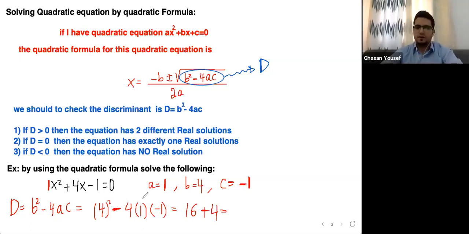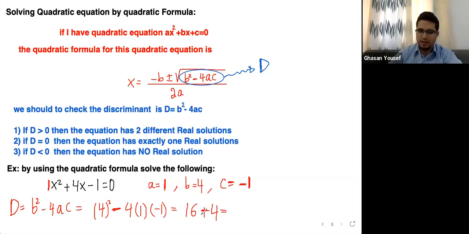No, this is not correct. You should multiply this side first. Minus 4 times 1 times negative 1: minus 4 times 1 is negative 4, times negative 1, I get positive 4.